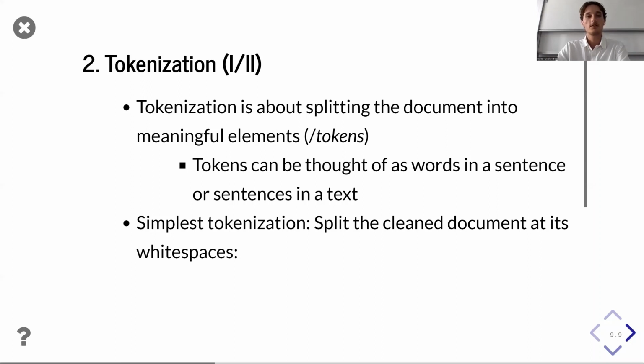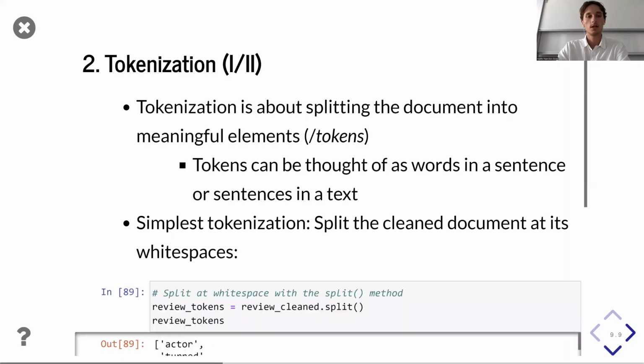So the simplest tokenization you can do is to split your cleaned documents, so the reviews we have just cleaned, at their white spaces. We can do that here.